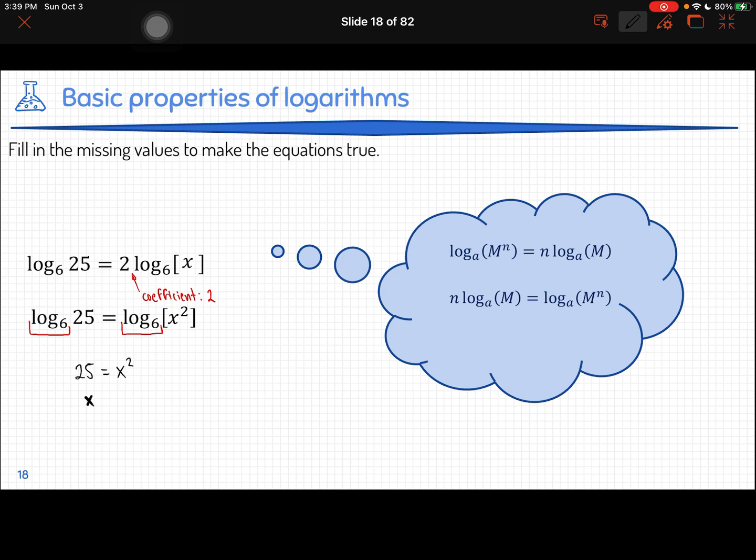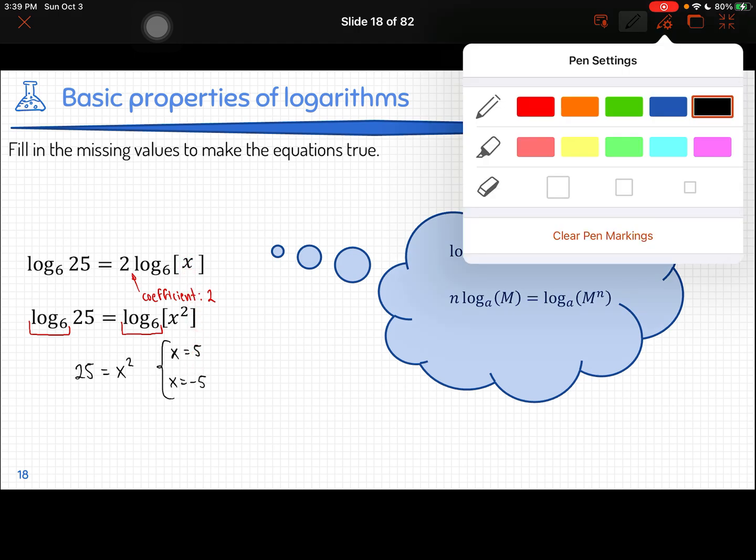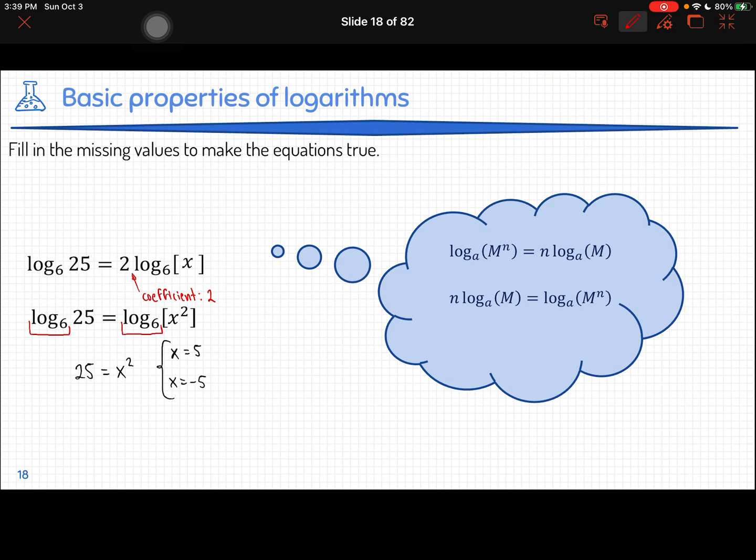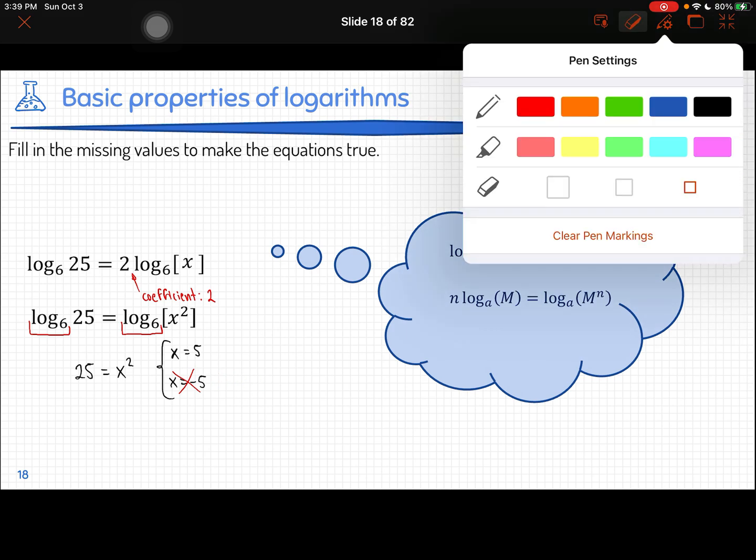It means that x has two options. It can be 5 or it can be minus 5, but there is a restriction that we have to take into account. This number cannot be negative, it must be a positive value. Remember the properties. So this is not accepted to be the argument of a logarithm.